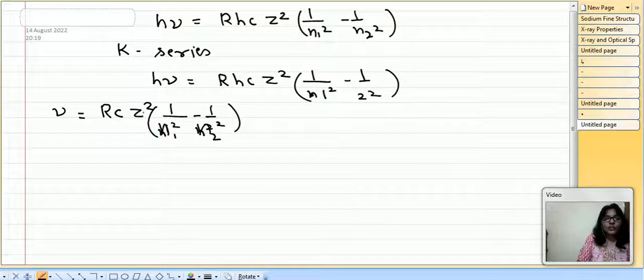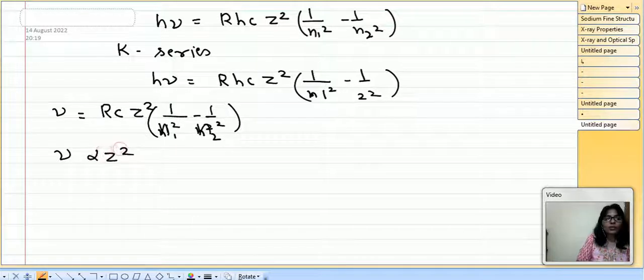So now what we see here is that nu is proportional to Z square, because all these are constant terms. If we choose a particular series, let us say the K series, then n1 and n2 have fixed value. So for a given spectral line, this nu is proportional to Z square. So this is known as Moseley law.